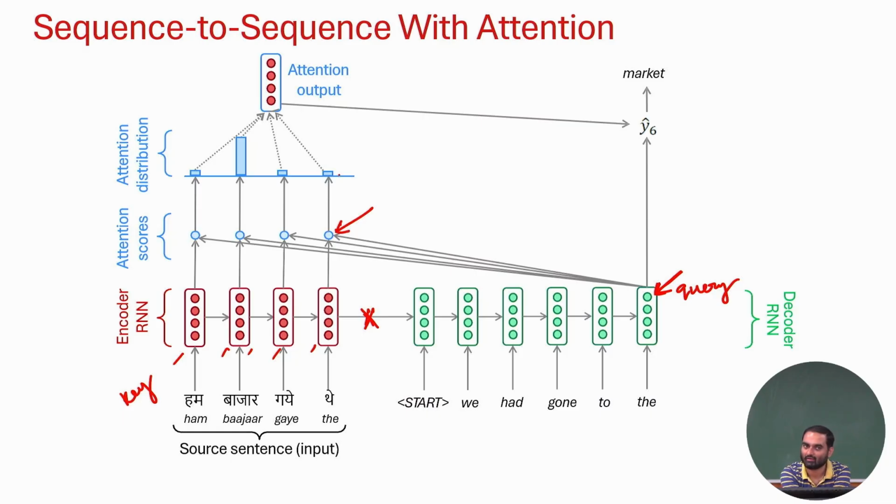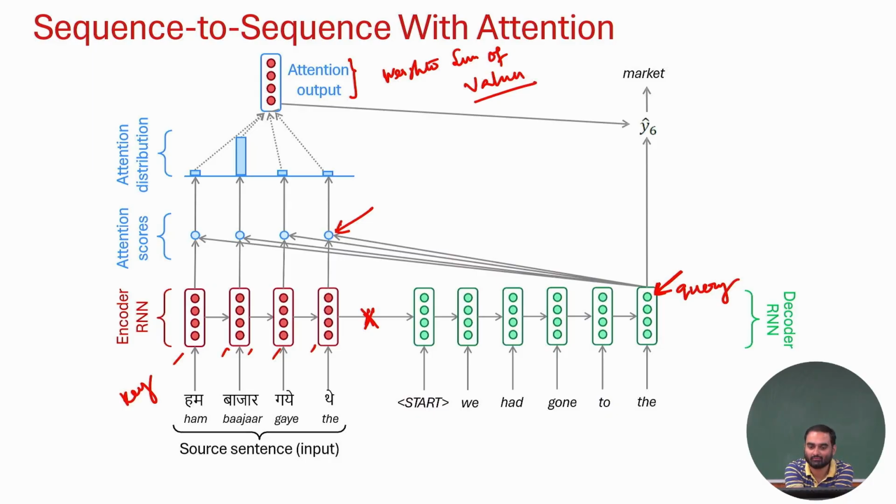Then attention distribution. After attention distribution, what do we do? Weighted sum of all the encoder states. In a vanilla, regular setup, we take the weighted sum of the keys itself, right? But if you have more data, you can also think of another entity called value. Ideally, attention output should be the weighted sum of values.